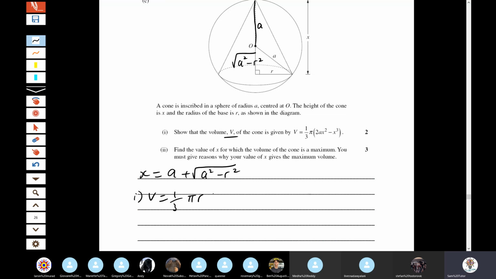Well, we can see it's all in terms of x. 1/3 is 1/3, pi is pi, h is x because the height is x, which means I've got to get rid of r squared. Solve for r from the equation above.